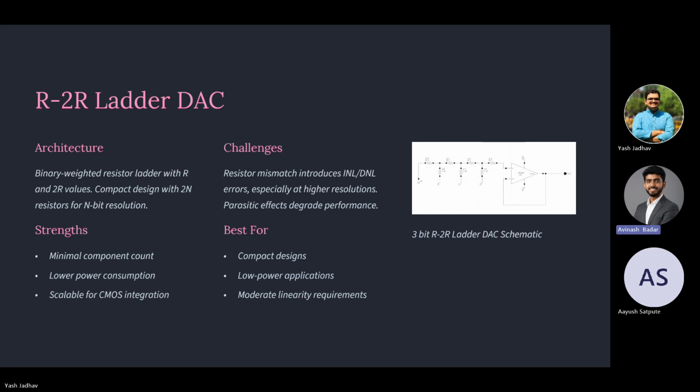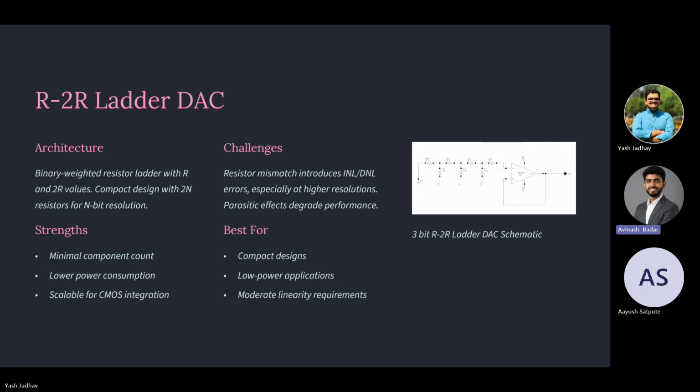Thank you, Ayush, for explaining this. Now I am going to explain the R2R ladder DAC. Let's start with the R2R ladder DAC. This architecture uses a binary weighted resistor ladder composed of resistors with values R and 2R. It's a compact design that requires only 2n resistors for an n-bit DAC, making it very scalable and efficient.